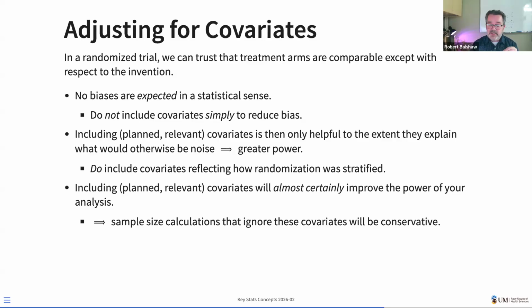If the covariate is this strong, how much impact will it have? If the covariate is even stronger, it will increase the power even more. But if you plan an analysis that will be based on planned relevant covariates, such as those on which you have done stratification, your sample size calculations that ignore these covariates will almost certainly be considered conservative, right?